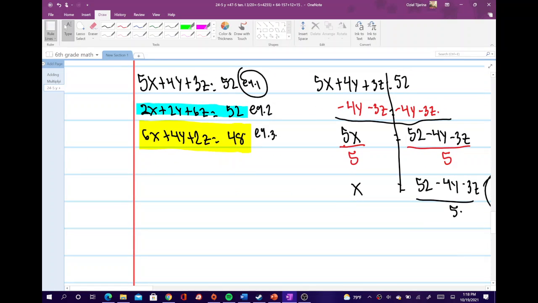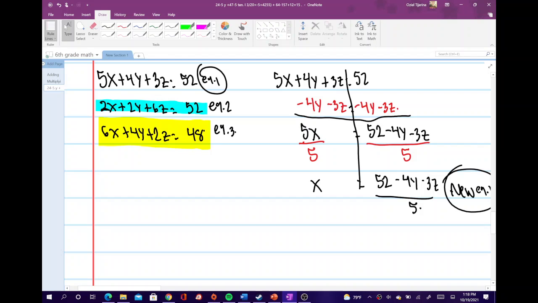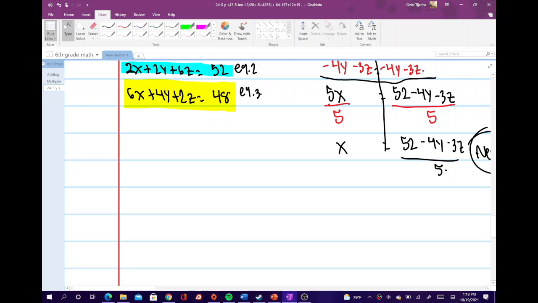Once I plug this into the other two equations, I'm going to rewrite the system so that you understand exactly what happened. This is going to be the new equation that we're going to use for the first one. Now, we're going to plug that in for equations 2 and 3.